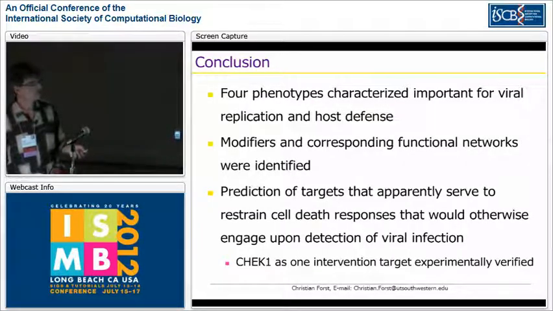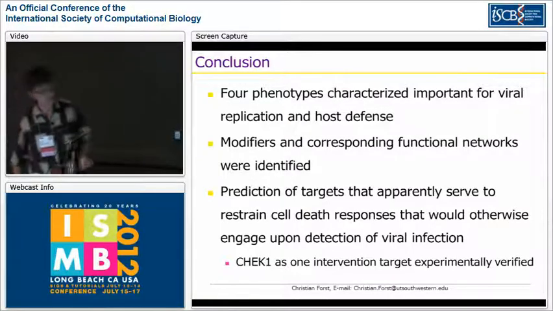We also found that these networks can serve as predictors of targets and subnetworks in this important class 2 that is used by the virus to deflect cell death for continuing replication, but when inhibited with a chemical inhibitor, actually prevents viral infection. This JAK1 is one target we found that could be used as an intervention against influenza infection.